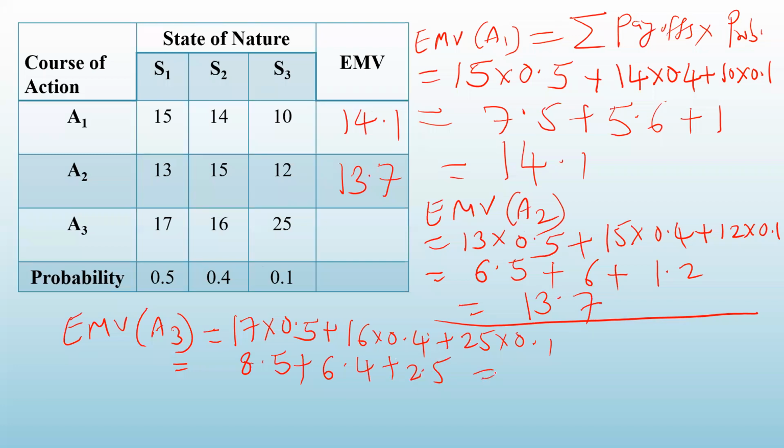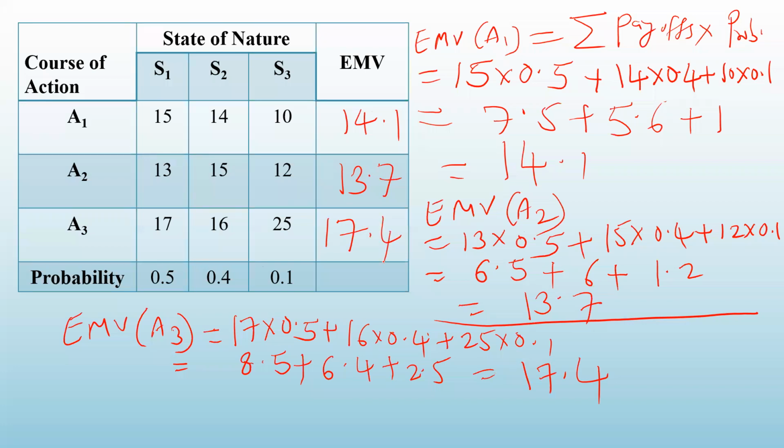Calculate. We are getting 17.4. So EMV of A3, write down in that column, it is 17.4.